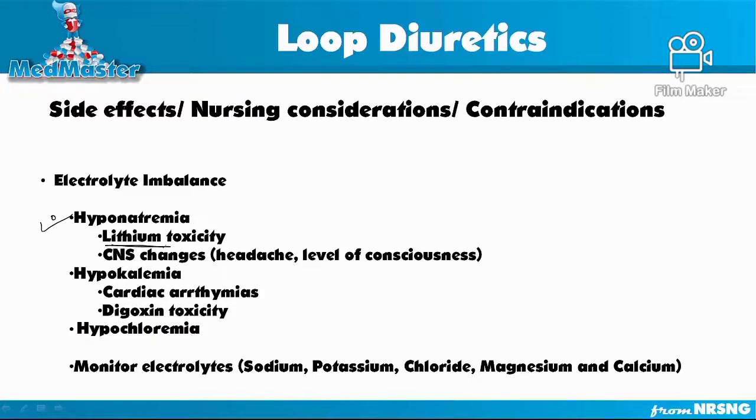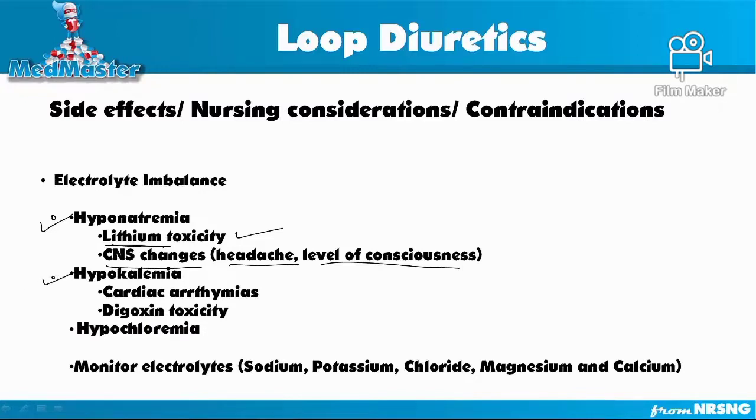Since this medication can cause hyponatremia, if a patient is on lithium for bipolar, that can cause serious lithium toxicity. Because of the hyponatremia, it can also cause central nervous system changes, such as headaches and changes in level of consciousness. So we have to look for those symptoms as well.